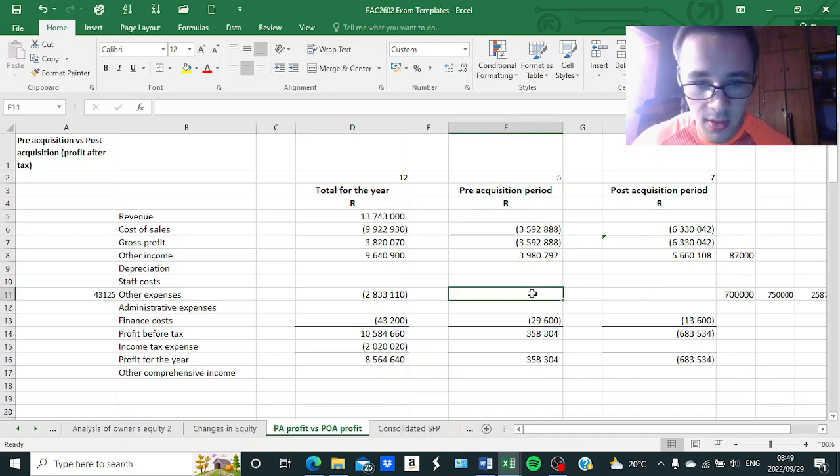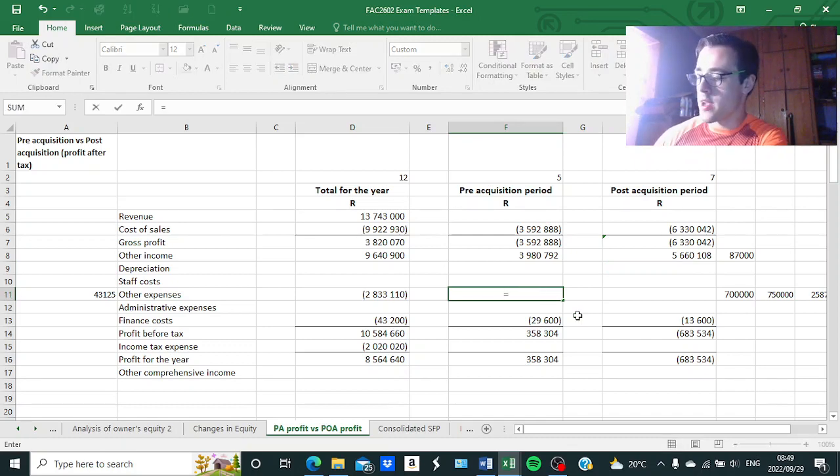Now, for other expenses, you need to be careful when calculating this one. We take the total of 2,833,110 because that is the actual value for other expenses for the subsidiary. We then need to remove all the amounts that are included in specific periods. So we first need to remove the 43,125, which must be included in the pre-acquisition period.